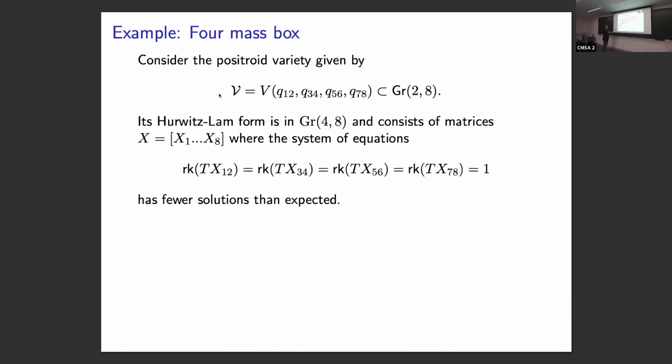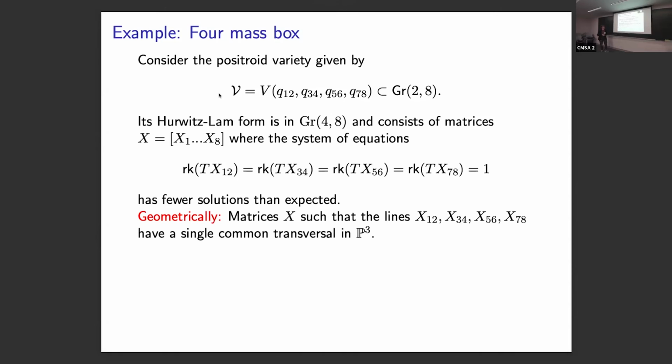And its Hurwitz-Lam form will live in GR48, and it'll consist of matrices where we have the same system of equations as before, and we want it to have fewer solutions than expected. In other words, we want matrices such that there only exists one T. If you've ever taken a course in Schubert calculus, the first thing they ask you when you come in the door is, if I give you 4 lines in P3, how many common transversals do they have?